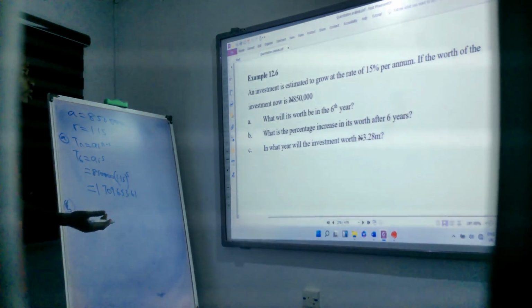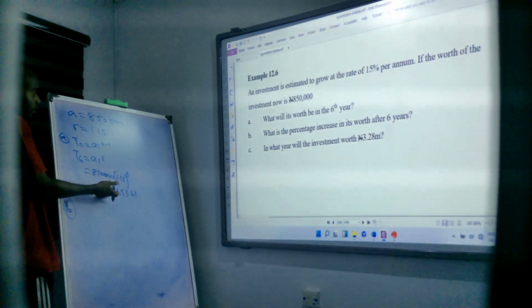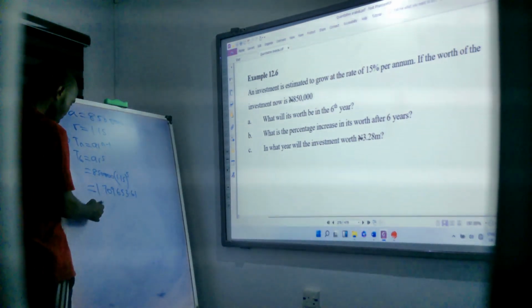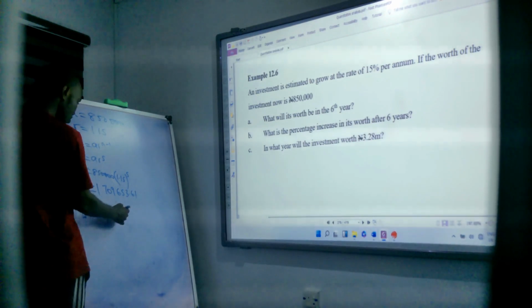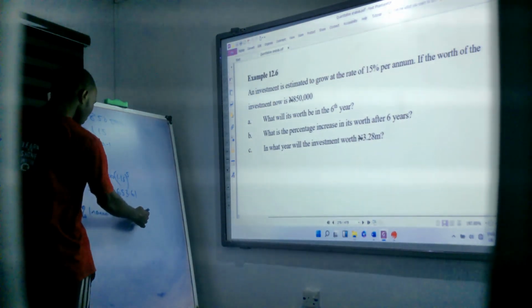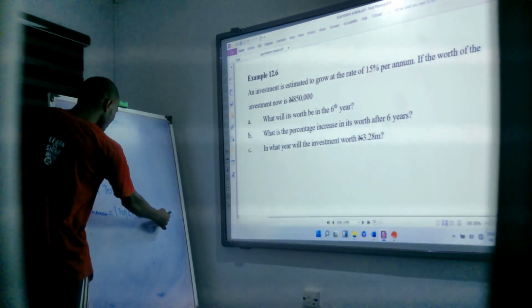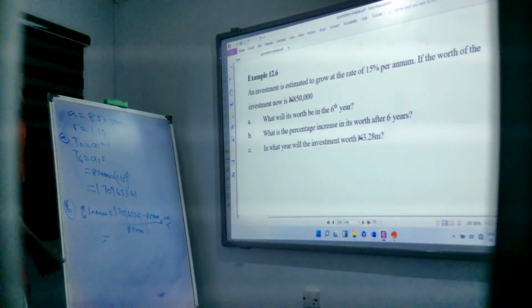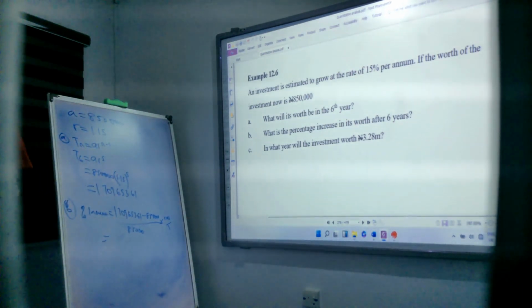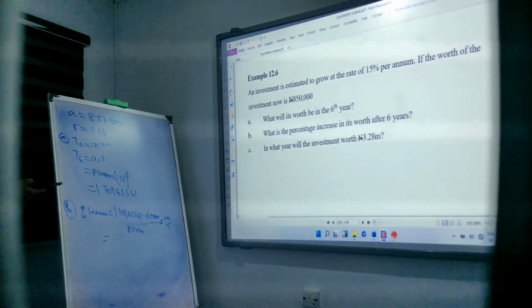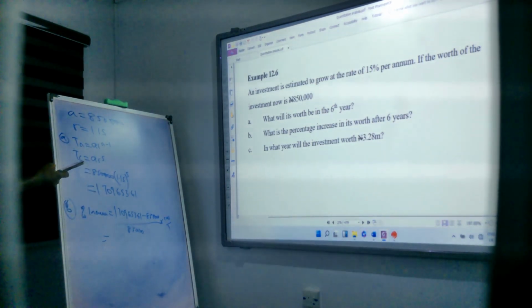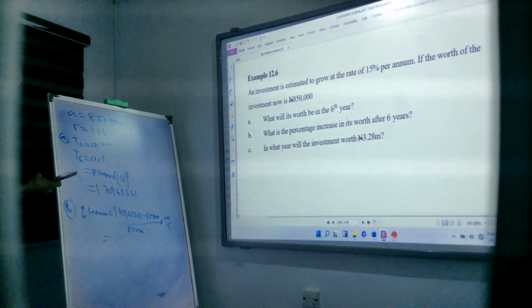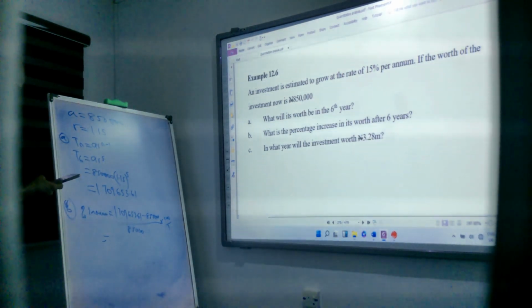Being analysts, we are doing the GP. What is the percentage increase after 6 years? In the sixth year it was this, and before it was that, so what is the increase? The percentage increase is the new minus the old, over the old, times 100 over 1.